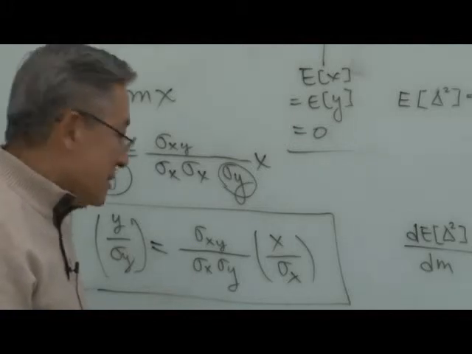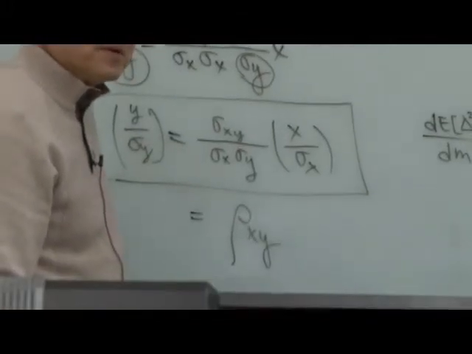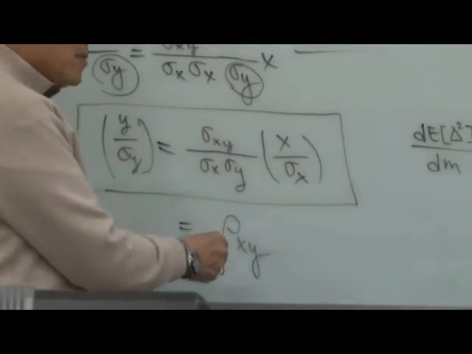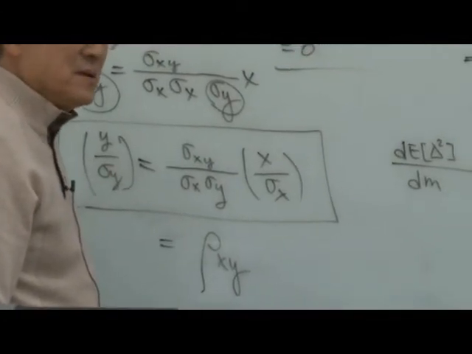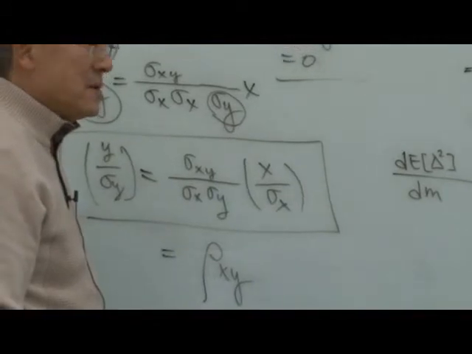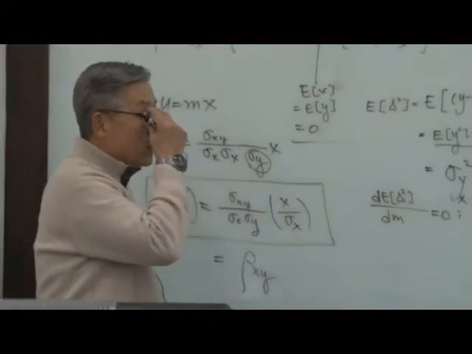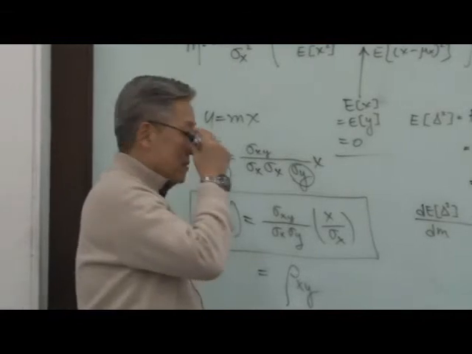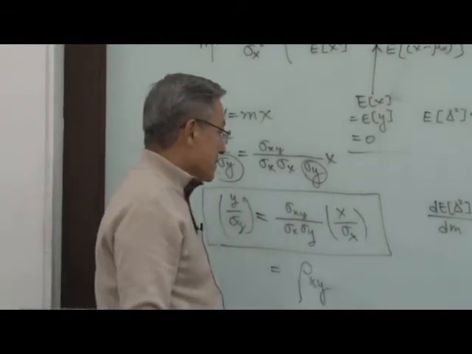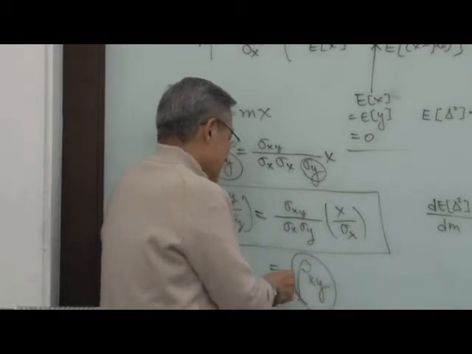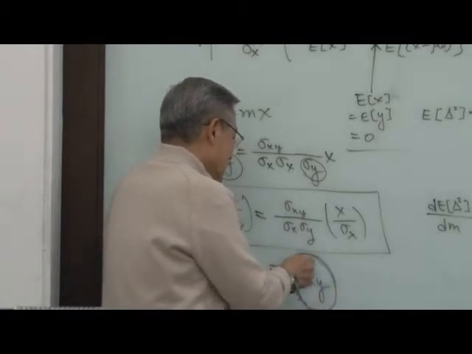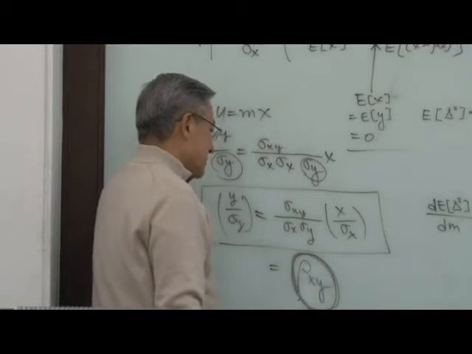Correlation coefficient, right? Or normalized covariance. Yeah. Normalized covariance or correlation coefficient. We'll use the name correlation coefficient.